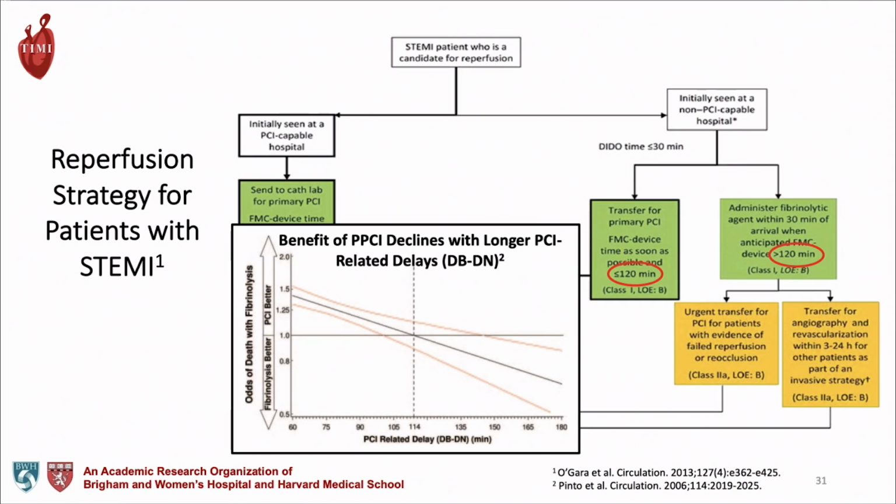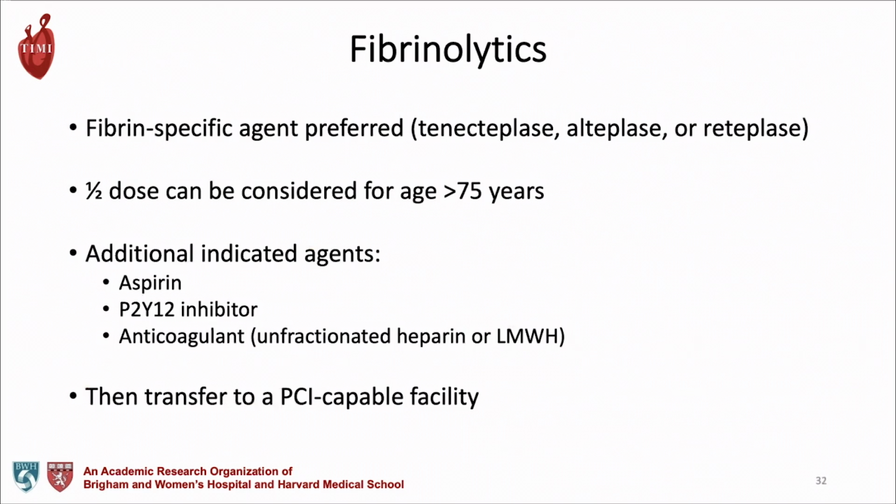If the door to balloon time can be faster than that, then the mortality is lower with primary PCI. If it's going to take longer than that, the mortality tended to be lower with using a pharmacoinvasive approach, or fibrinolytics. And that's where that comes from.